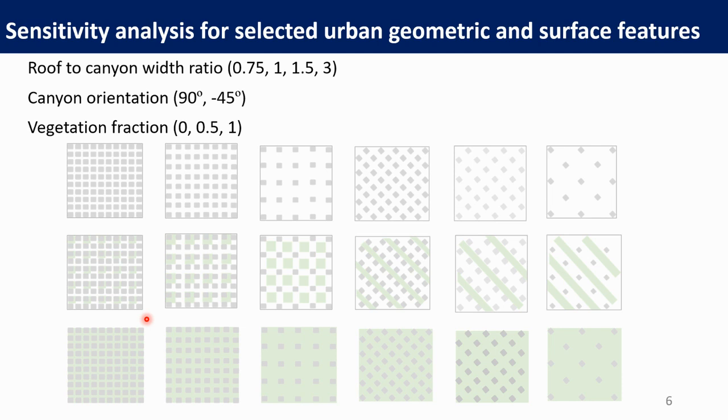So we went on to do some sensitivity analysis for the urban geometric as well as the surface features. Particularly we look at three different parameters, including the roof to canyon width ratio that directly represents the density of the buildings in the urban area, and then the canyon orientation, whether it's north-facing or at a 45-degree angle, as well as the vegetation fraction, and how those actually impact the energy use profile as well as the microclimate condition prediction.